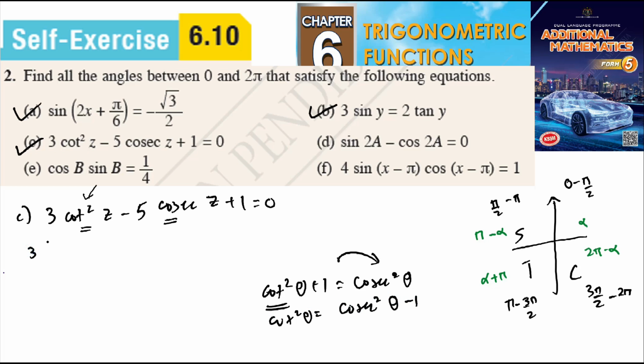So this one is 3 cosecant square theta, but here we have z, right? So it's supposed to be 3 times cosecant square z minus 1, and then minus 5 cosecant z plus 1 is equal to 0.